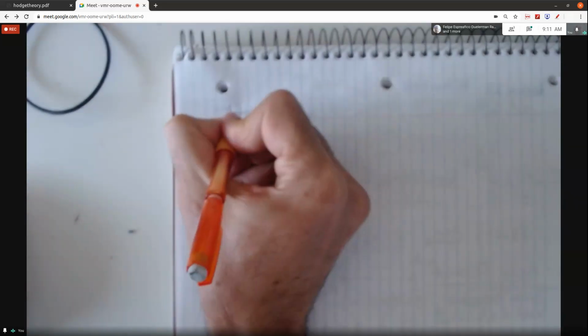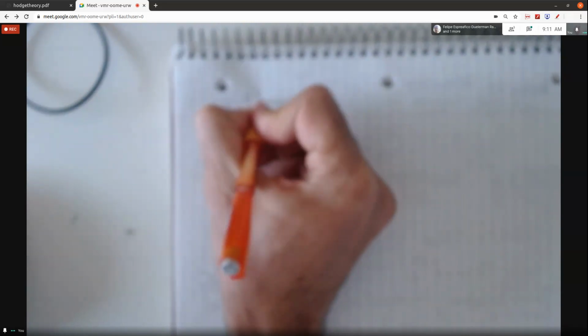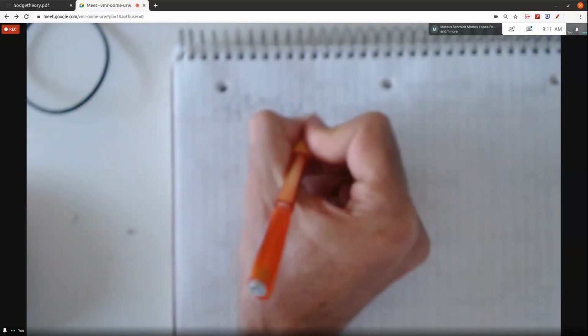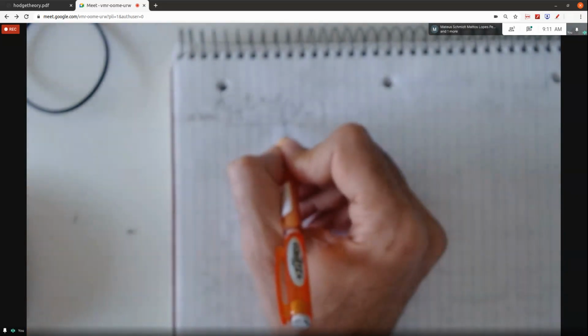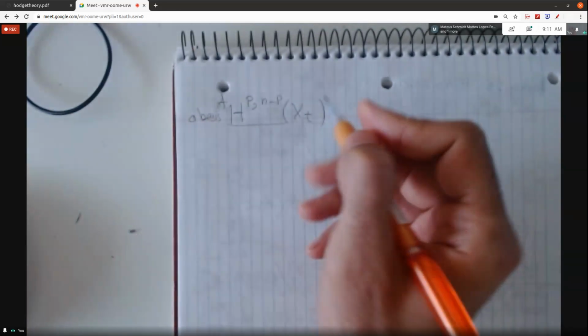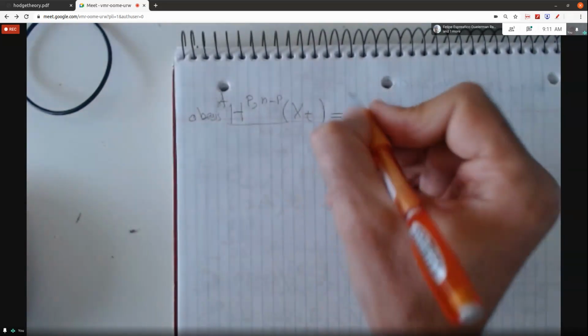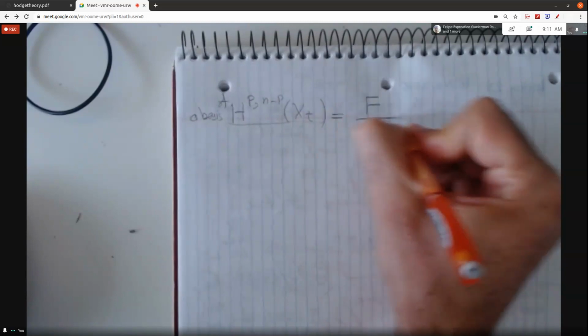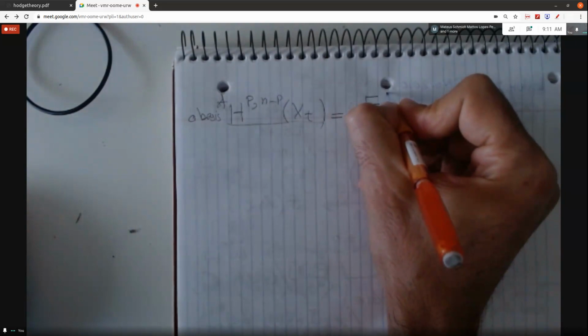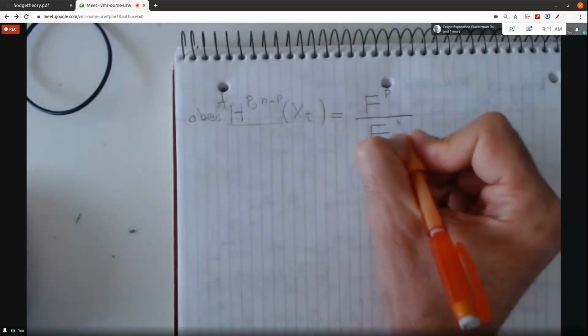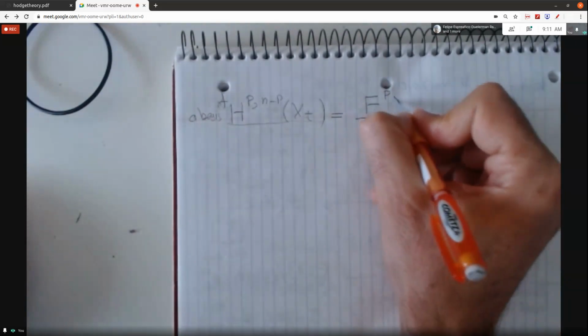Let me, so maybe I remember again also the H^n of X_t. So I argue that in a neighborhood of a basis of this, I'm using the notation of the Hodge filtration, but at the end of the day, for me this is F^p divided by F^{p+1} of X_t.